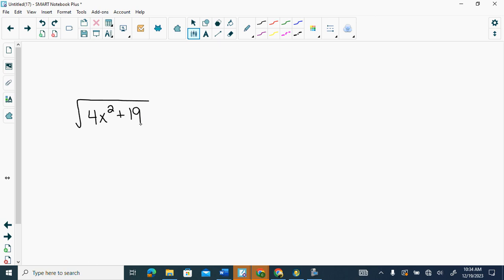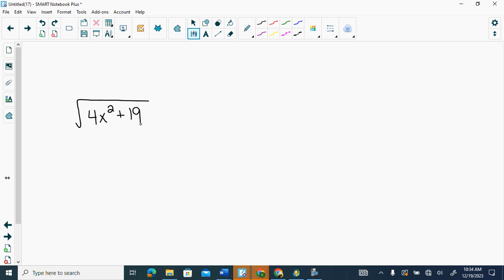Is there any x I could fill in here that would cause me problems? Problems happen when I get a negative under my square root. Zero would get me 19, which is not a problem. I'm replacing x, I can't just make 19 negative.